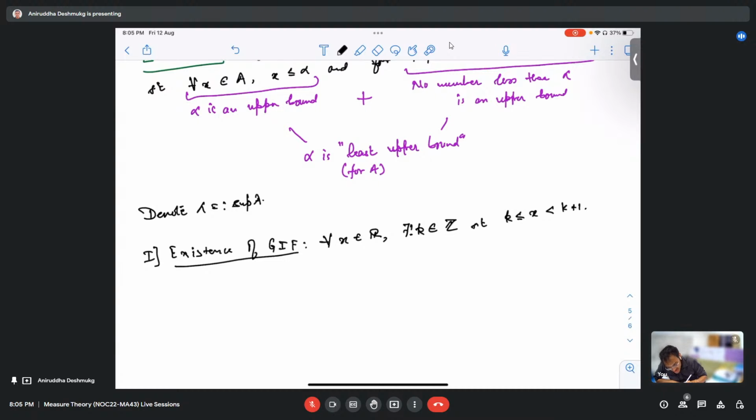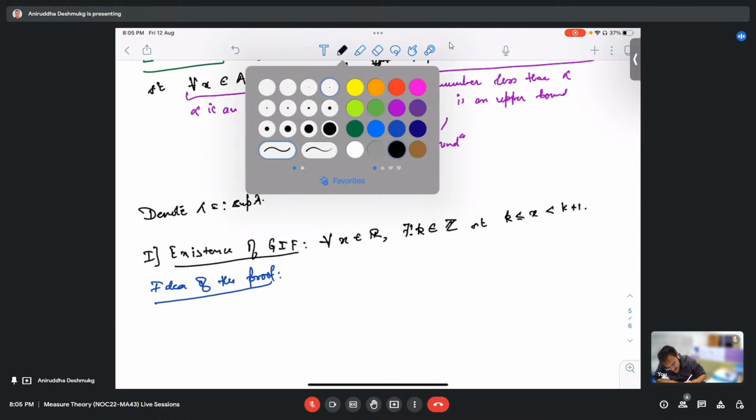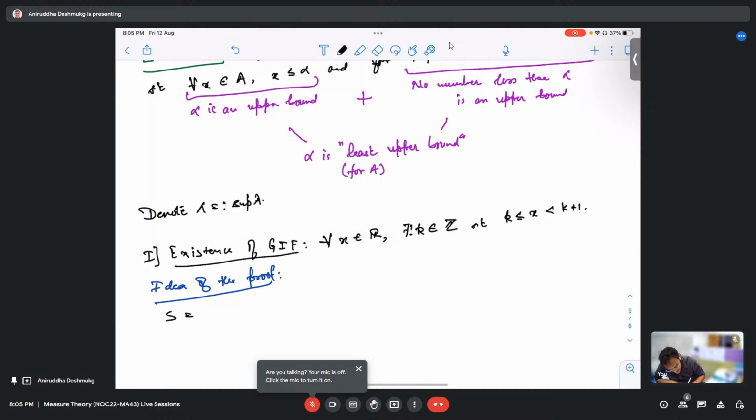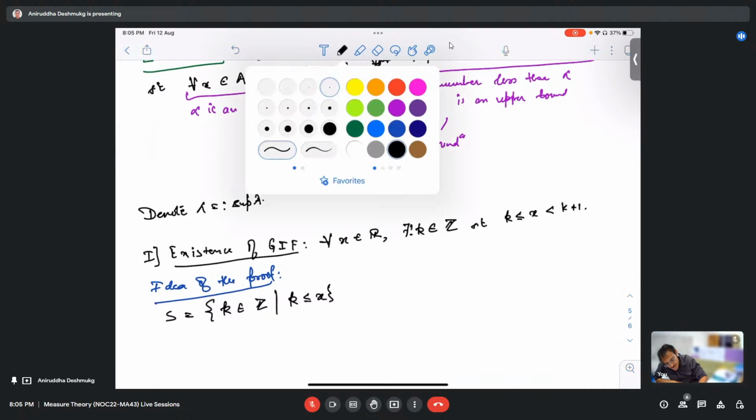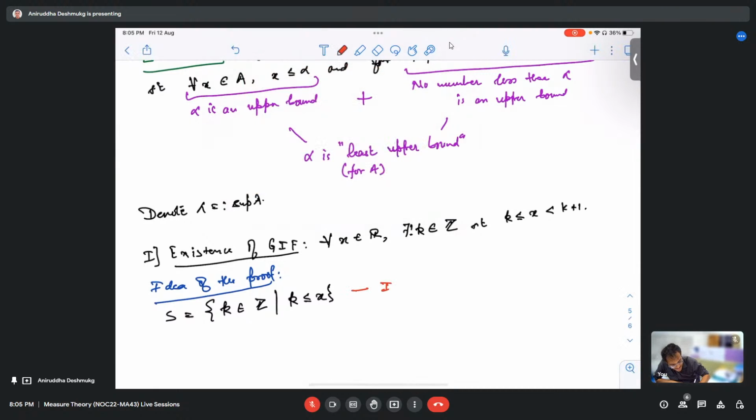And how do you prove this? So, I might not give you the complete proof, just the idea of the proof. You can fill in the gaps. So, the idea of the proof is that let us look at this set S. Look at all those k's in the integers which are less than or equal to x. So the first question is, is S non-empty?